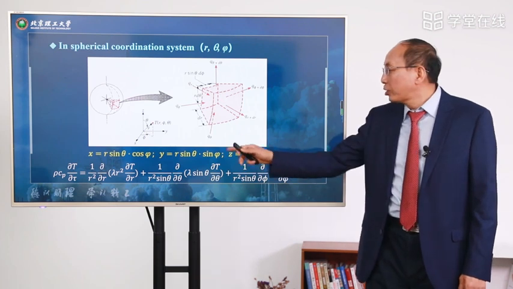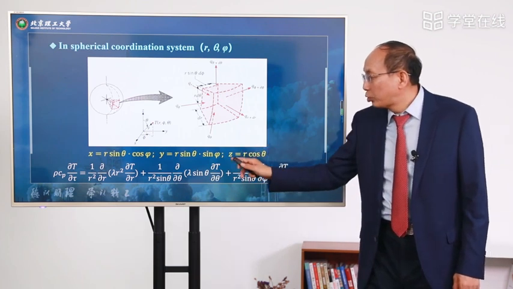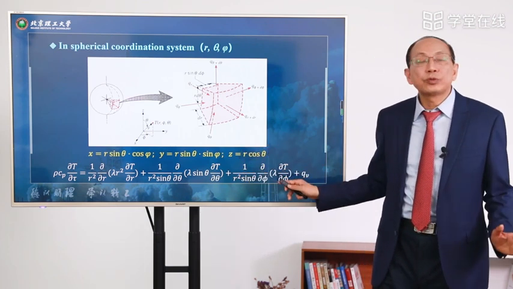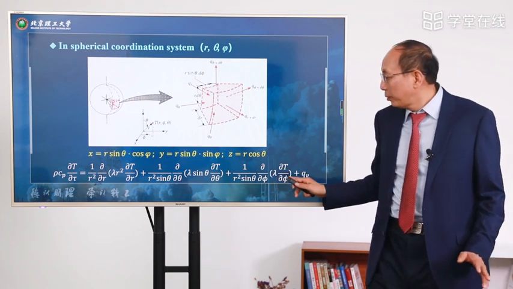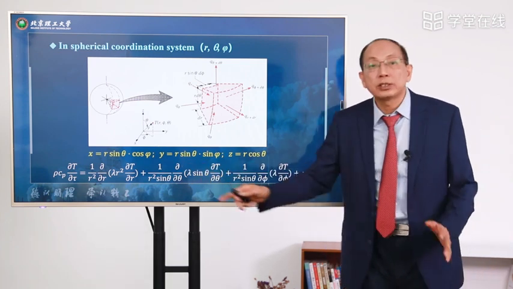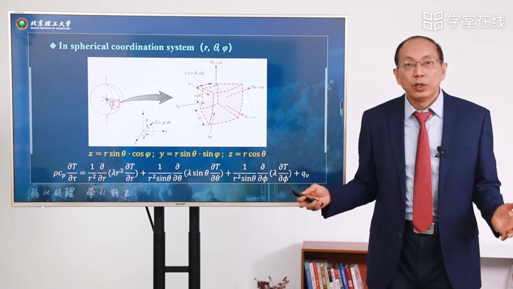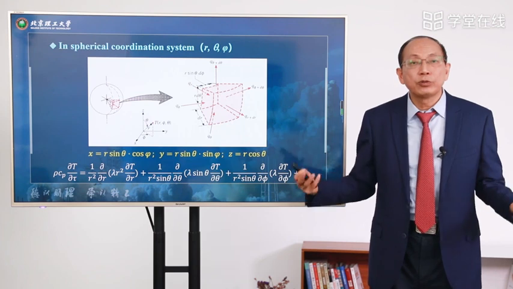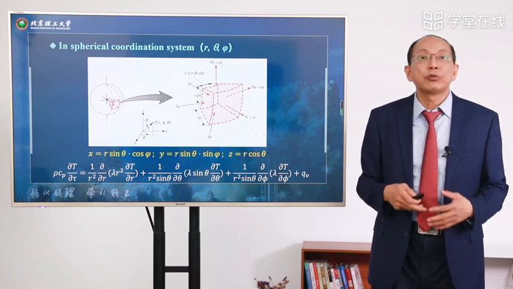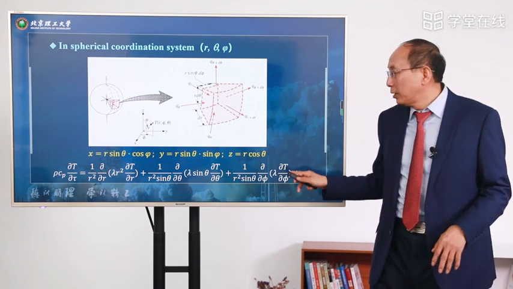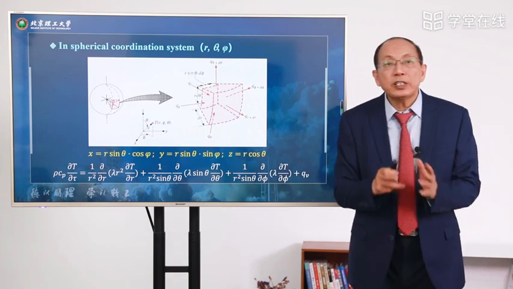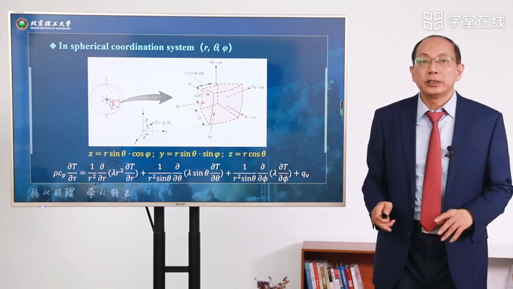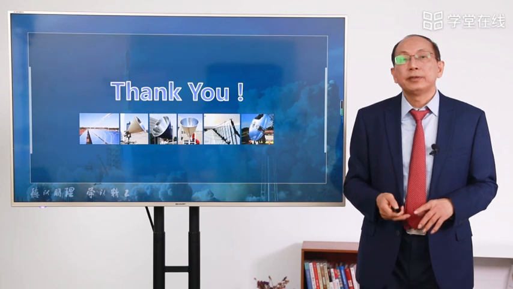After changing like this, the general conduction equation can be written like this. We can find that this equation is so long that it's very difficult to remember, but the physical meaning of every term is clear. Okay, thank you very much.